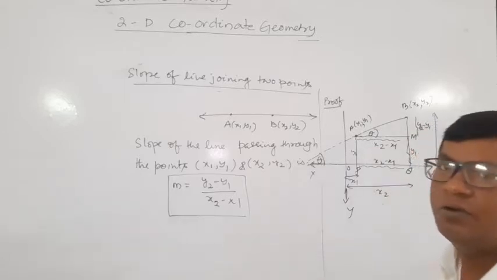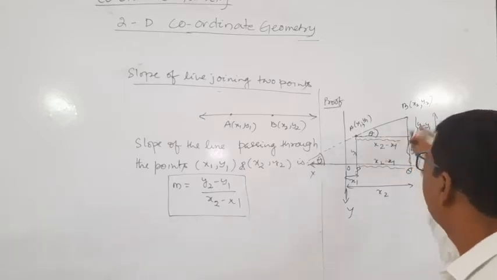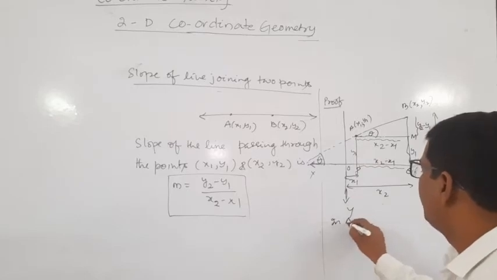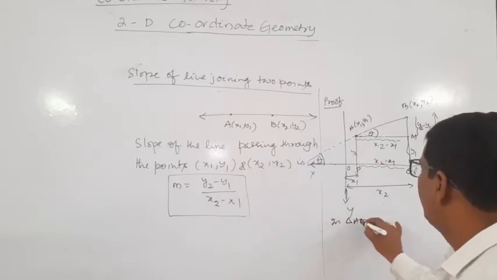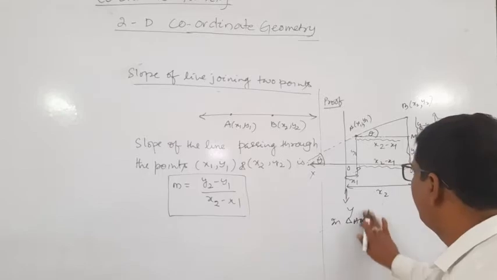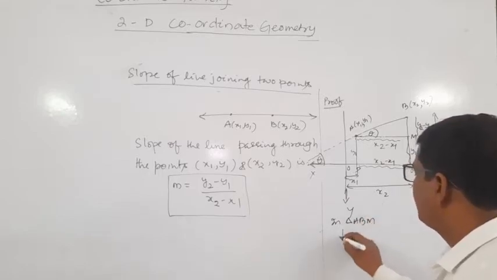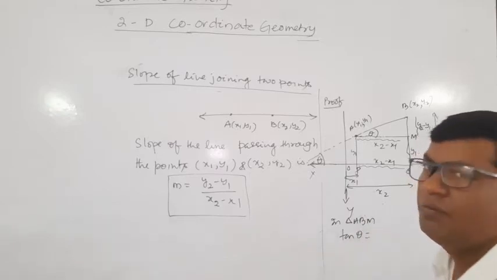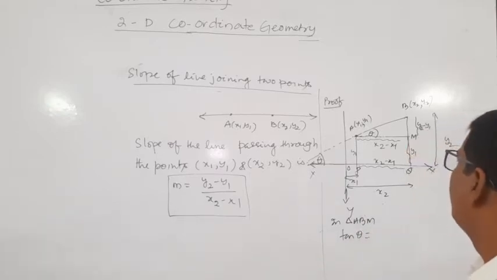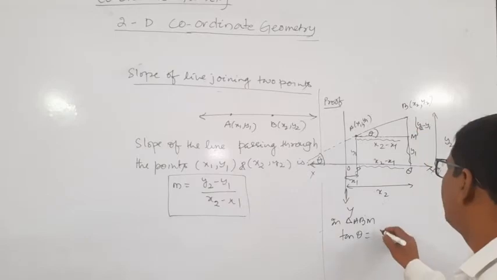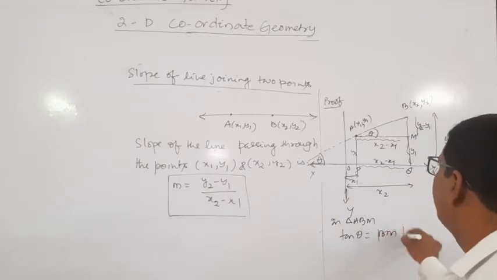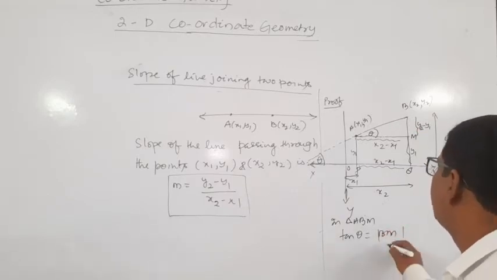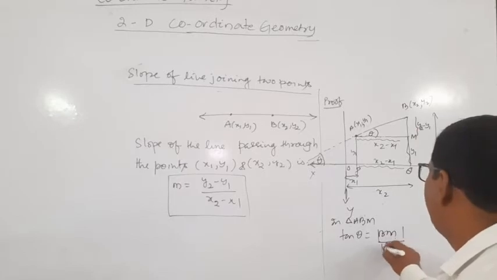Now in triangle ABM, tan theta is equal to P by B. P means perpendicular, that is BM by AM. What is BM?